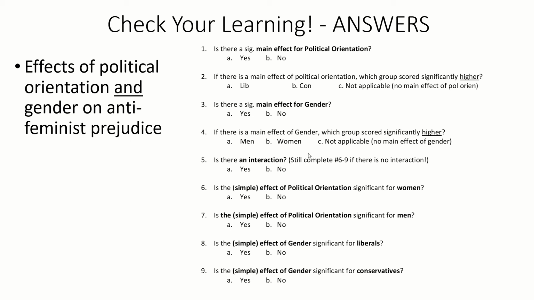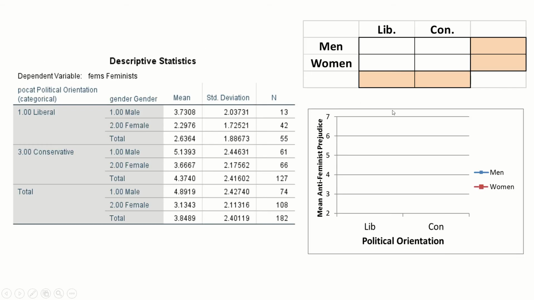So we'll start with the means table here, and go through the same steps that we did for the lecture example. First we'll transpose these means into a more understandable table over here.